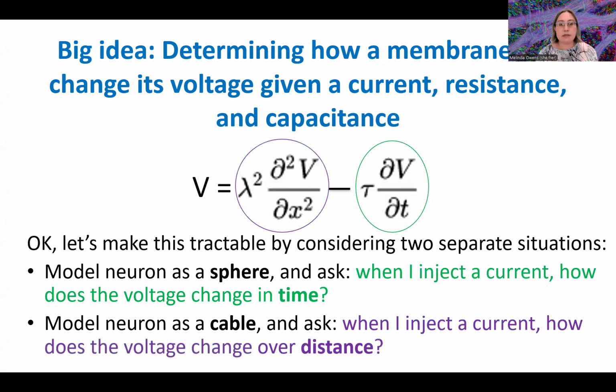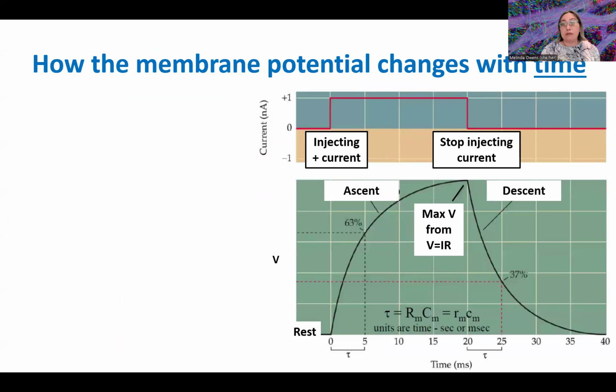This first part here is about distance. That's what the X is, like an X-axis, the distance away. So we can model the neuron as a cable. And honestly, dendrites and axons are like cables, like long tubes. And then you can ask, when I inject a current, how does the voltage change over that distance? That is going to be the next video. This video is going to be about over time.